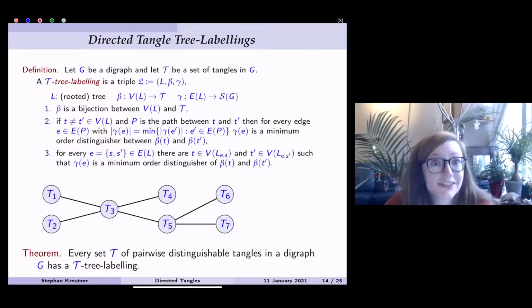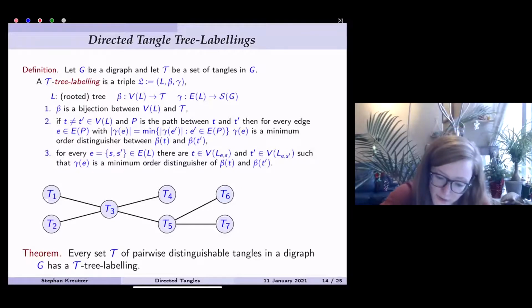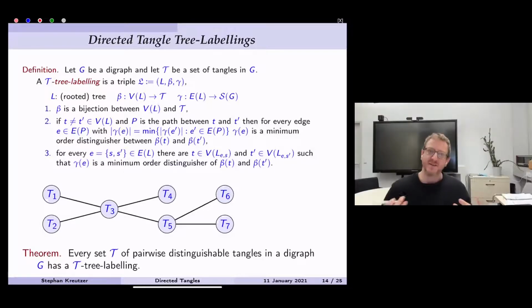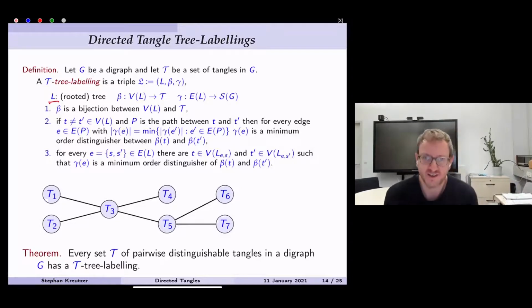Yeah. Thank you. If you were to ever look at the proof, you would see that there's a very natural direction that comes out of the proof. So you will actually get a directed tree, and then you can just ignore the direction, as it were.